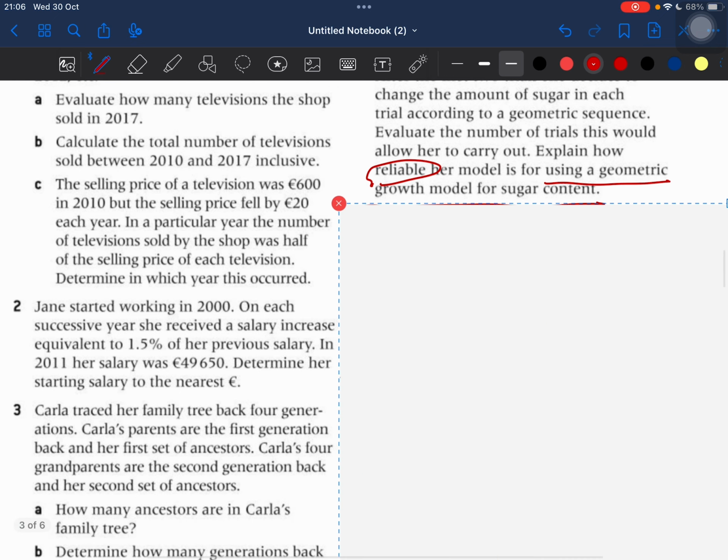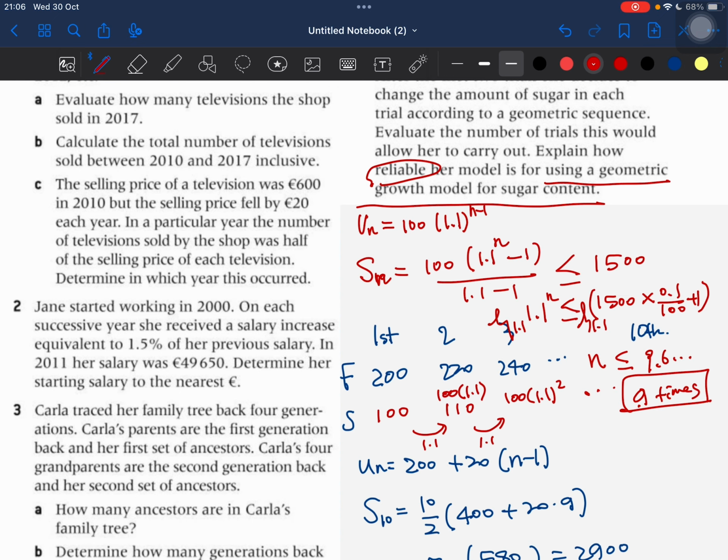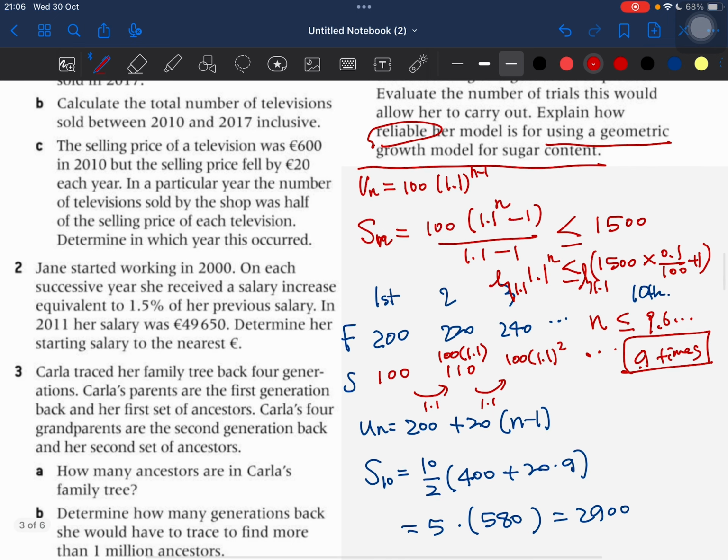So for example, let's say the tenth, U10, the amount of flour. Let's try the ninth because we can use only 9 times. So 9, here 200 plus 160, which is 360.